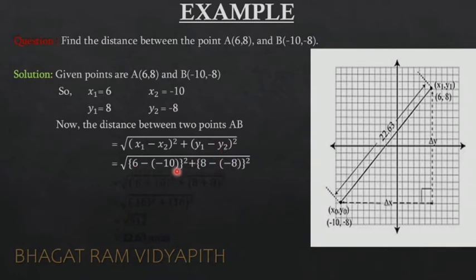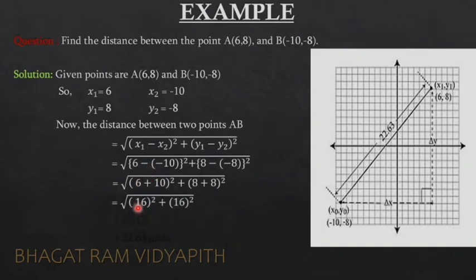Solving the first bracket, 6 minus of minus 10 is plus 10, squared, plus 8 plus 8, squared. 6 plus 10 is 16, 8 plus 8 is 16, the square of both. Root over 512 units, which is 22.63 units. So the distance between the two points is 22.63 units.